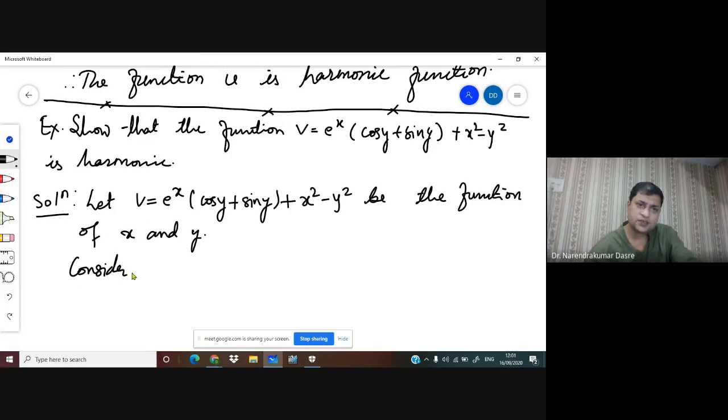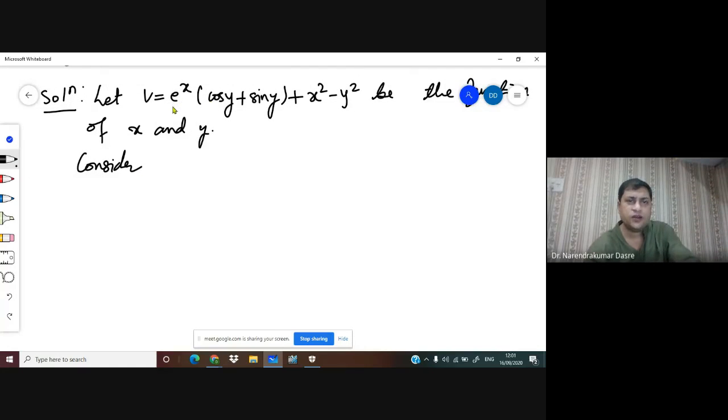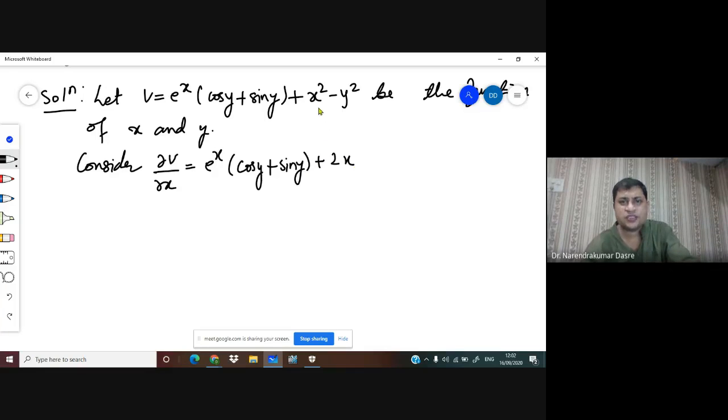So we have to find the derivative of this with respect to x. So ∂v/∂x is equal to. When we are finding the derivative with respect to x, the y terms will be constant. So the derivative of e raised to x is e raised to x, cos y plus sin y remains as it is. Now here plus the derivative of this term will be 2x, and the derivative of this term is 0.